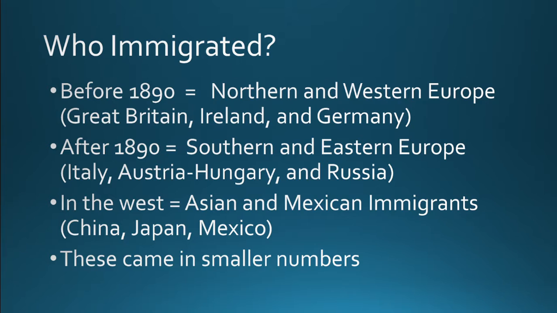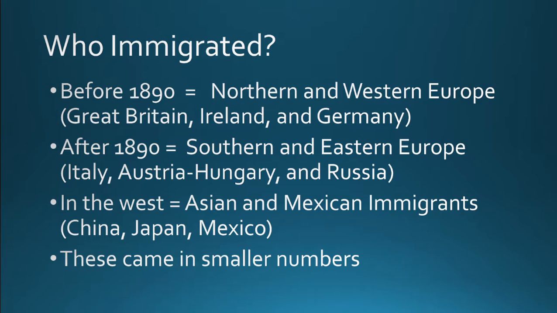In the West, you have Asian and Mexican immigrants, Asia being China, Japan, and Mexico. But as we'll see here in just a little bit, that's going to stop in 1882 with China, and then in 1905 with Japan. These come in much smaller numbers.